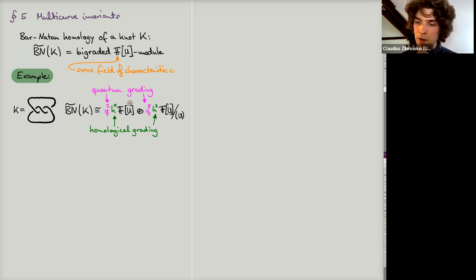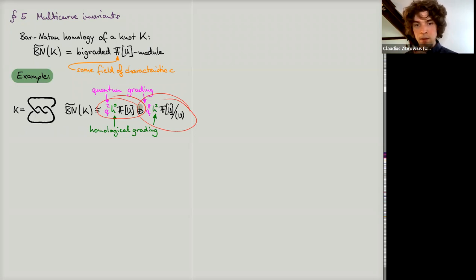It consists of a free part, just a copy of F[U] shifted in homological grading and the quantum grading. And then there's the second part, which is U-torsion, in this case just a single copy of the ground field, again shifted in homological and quantum grading.